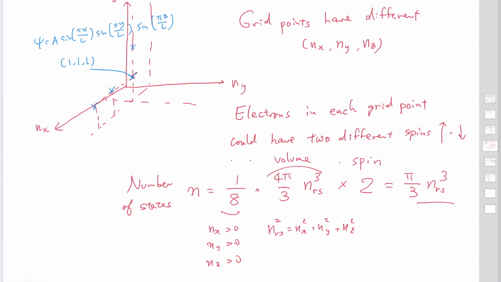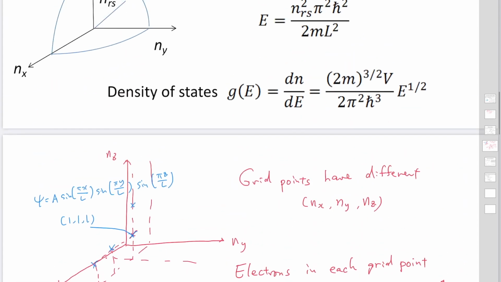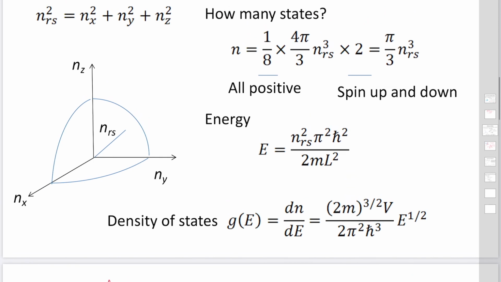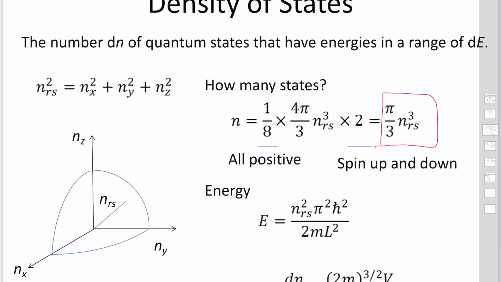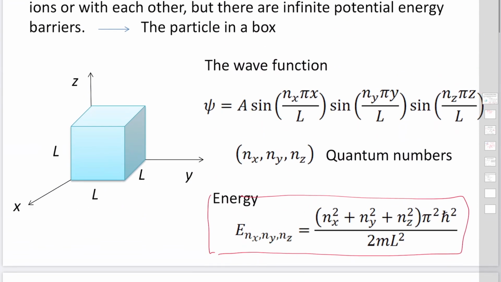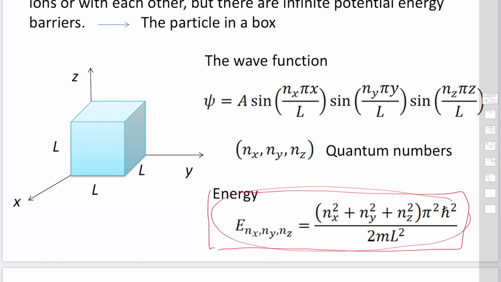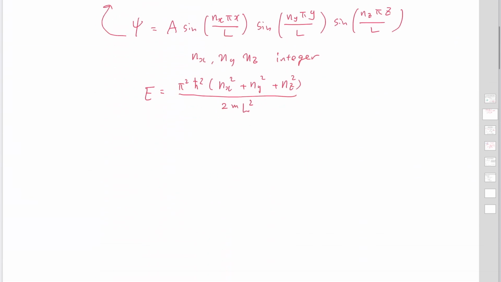Okay, so I have explained up to this point: how many states could be calculated. As I explained, instead of the sum of the squares, you can use n_rs squared. Now this is exactly equal to this equation. So instead of this, you can substitute n_rs squared, and you have the same equations.